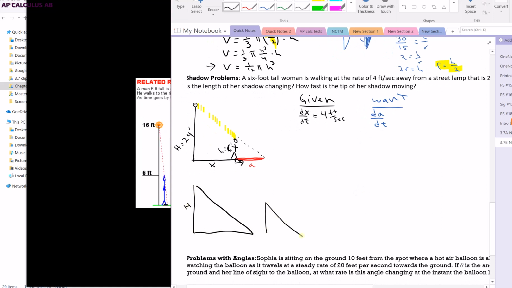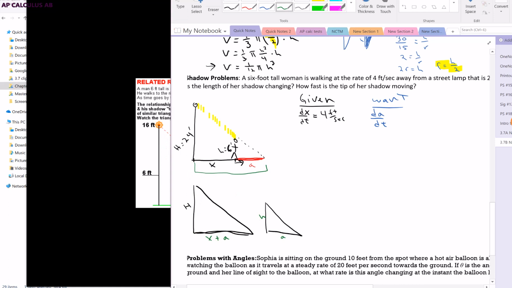I'm going to draw them separately because it's easier. So you have the height of the lamppost, and then you have this big base here, which is the whole distance from the lamppost all the way to the end of the shadow. So this distance is actually x plus a. And then you have this other triangle, which is just h and a.